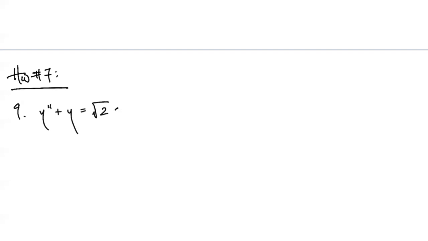All right, so this is homework number 7 and question number, nope, you said 9. Okay, so y double prime plus y equals root 2 sine of root 2t.